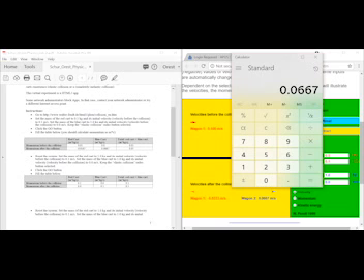And now we're going to add that to the initial momentum. Actually, I'm going to do subtraction because using negatives on this calculator is somewhat confusing and annoying. So I'm just going to use positive values for this.